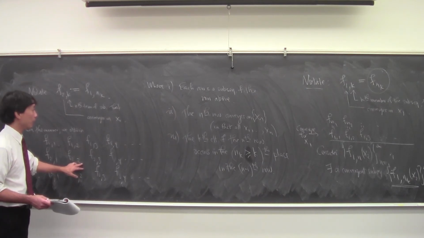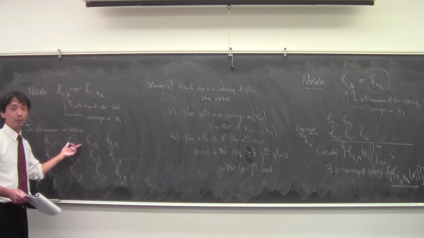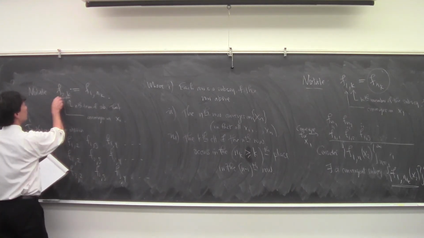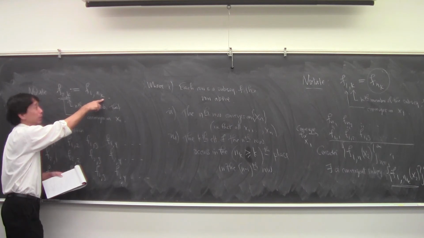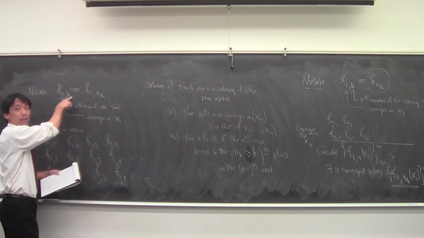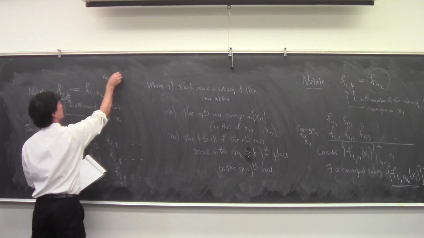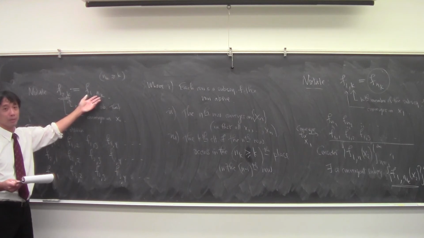The kth term occurs past the kth term here, because this is a subsequence of the former one. The kth term is actually the n sub kth term. But n sub k is greater than k, because it's a subsequence.